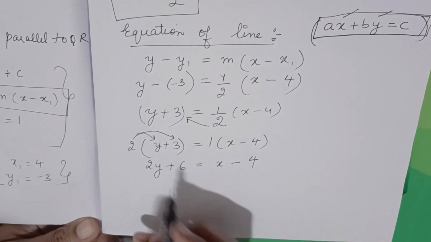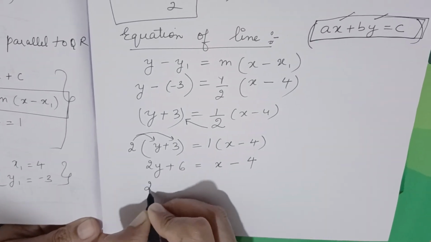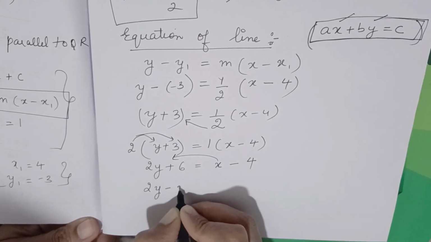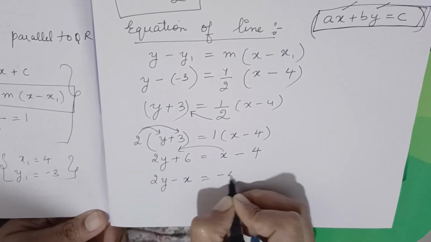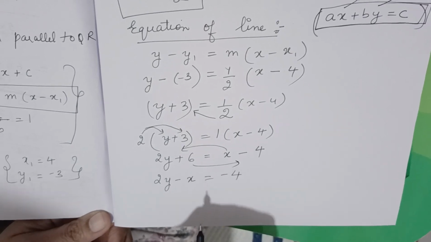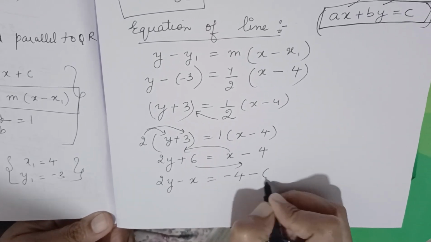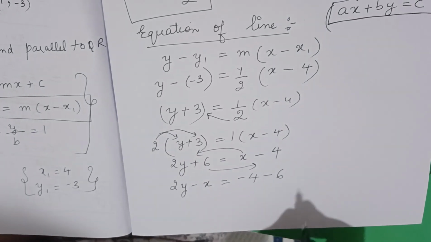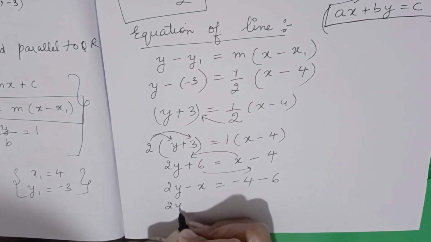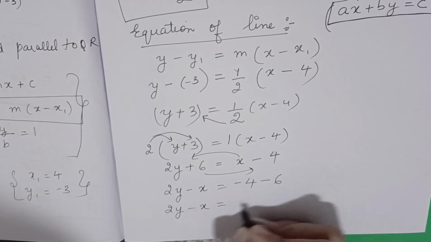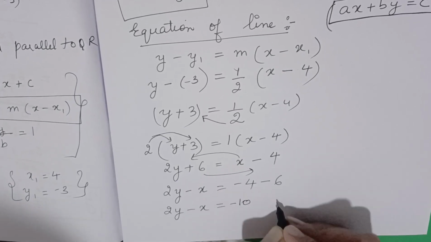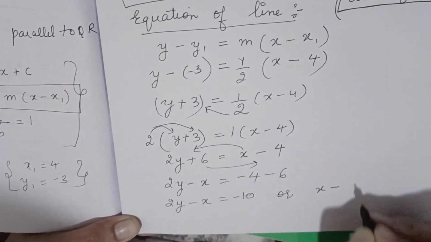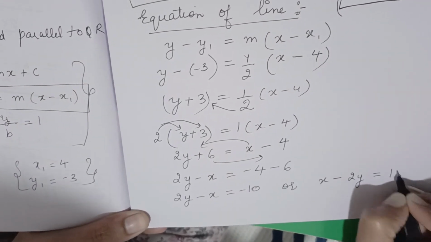Now I'll write the variables on the same side. This x I'll shift to this side: minus x equals minus 4. This 6 also let's shift to the other side. Plus 6, when shifted to the other side, will change to minus 6. So I've got 2y minus x equals minus 10, or you can rewrite it as x minus 2y equals 10.